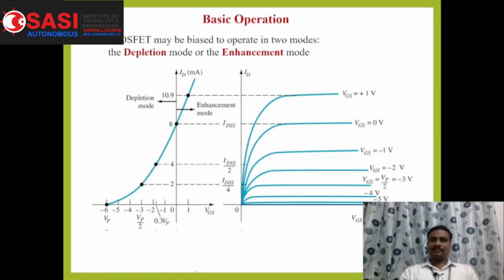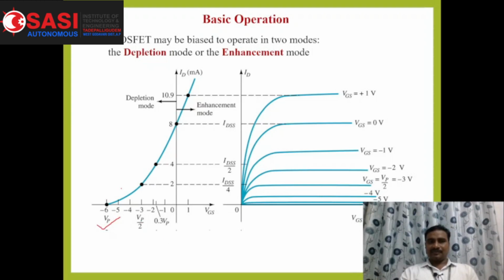So next, the basic operation gives the two types of characteristics in this D MOSFET, that is depletion mode of operation or enhancement mode of operation. That depends on the pinch-off voltage VP represented here.